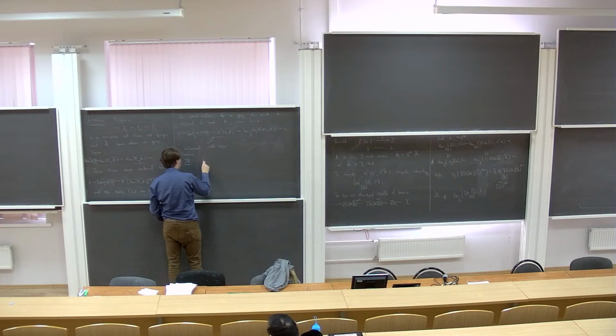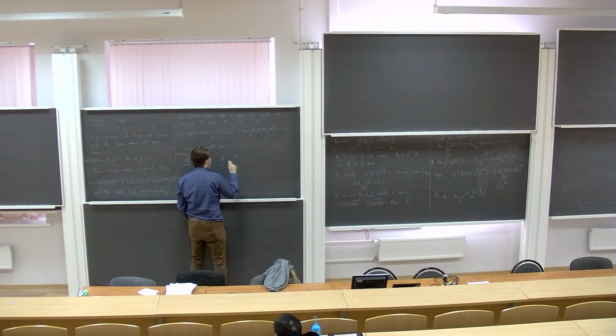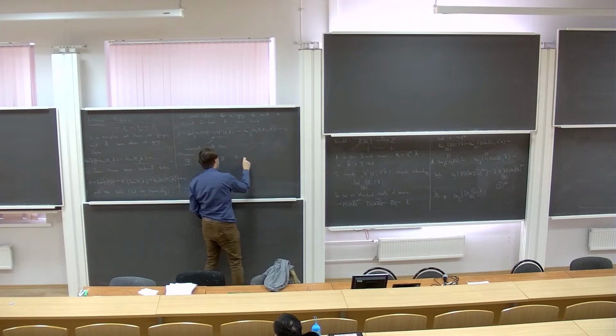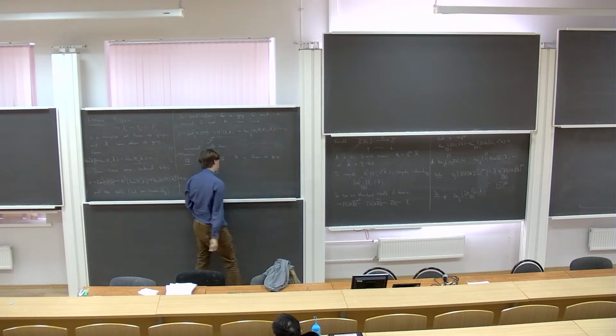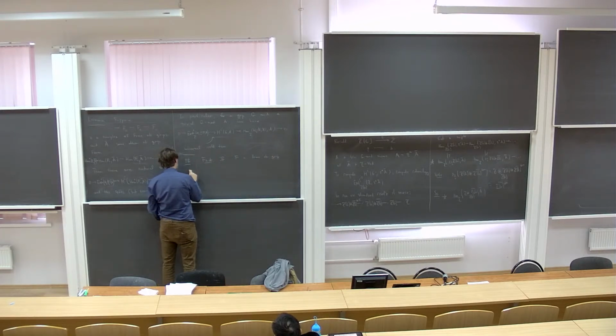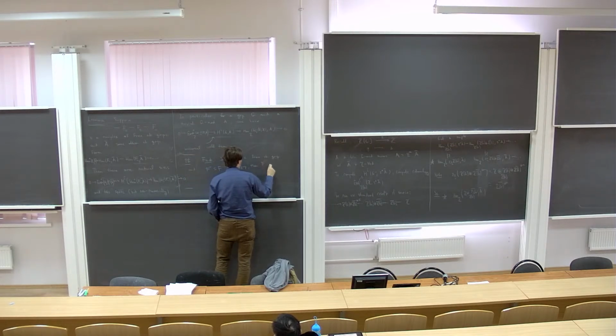So fact: if F is a free abelian group, and F prime is a subgroup, then F prime is free.